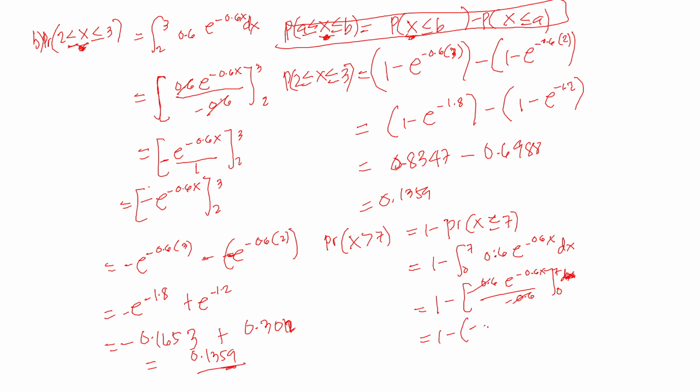1 minus, this is cancelled. This is negative e raised to negative 0.6x, from 0 to 7.